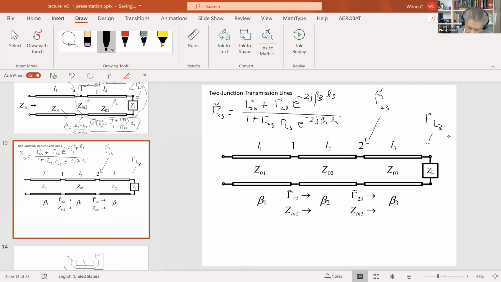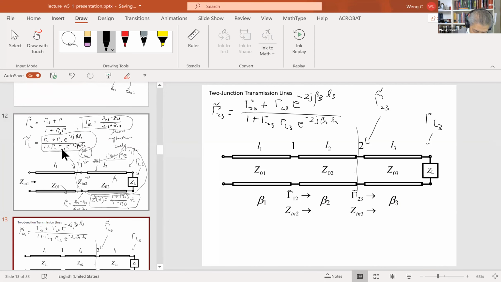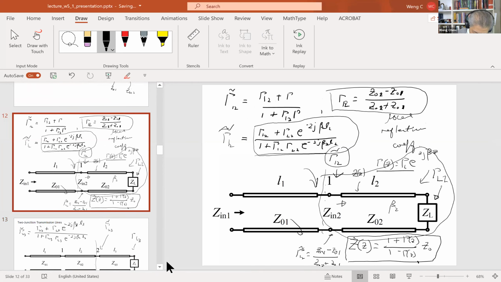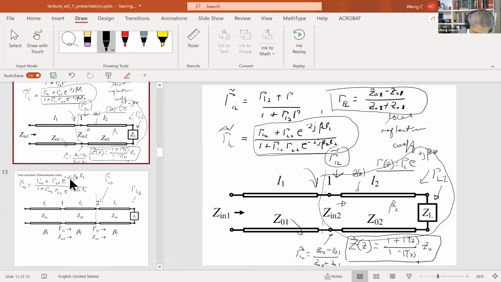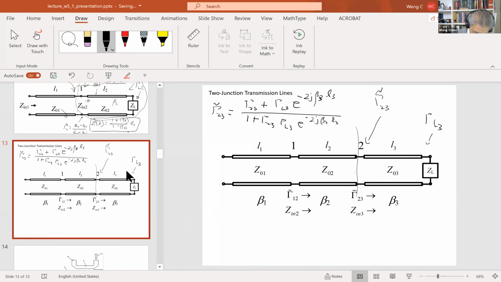Essentially, I'm applying the same formula that I have derived previously to this special section, and I will be able to figure out what gamma 2, 3 should be. And if I know what gamma 2, 3 should be, I can apply the same formula again to find out what gamma 1, 2 should be. Gamma 1, 2 would be the reflection coefficient at that junction.